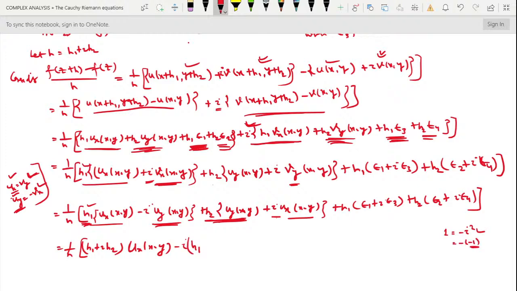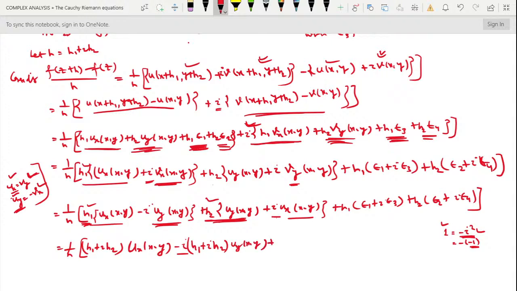So if I take minus i common from minus i square, the only thing left will be plus i, so this will be h1 plus i times s2. So in place of plus 1, it is written minus i square. If I take minus i common, then it will be only i, then s2 is here, and then your uy at xy.